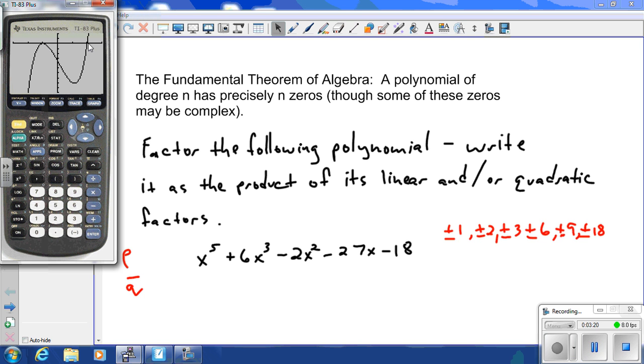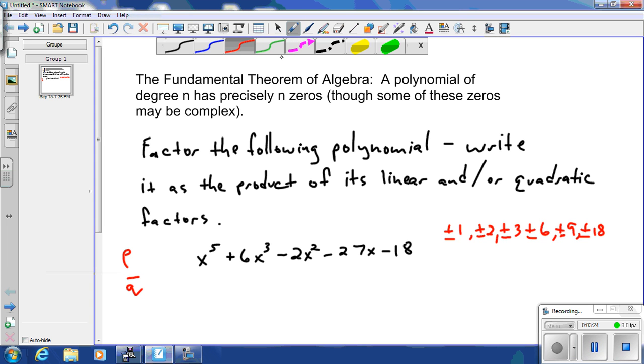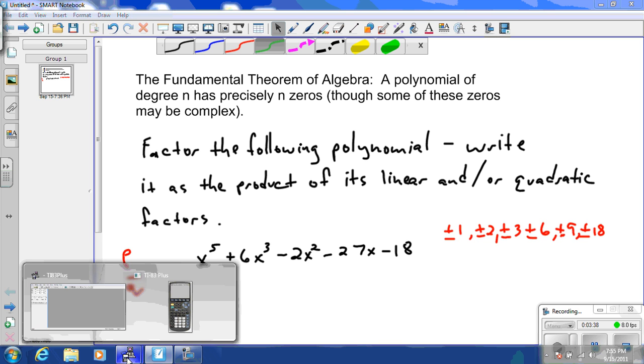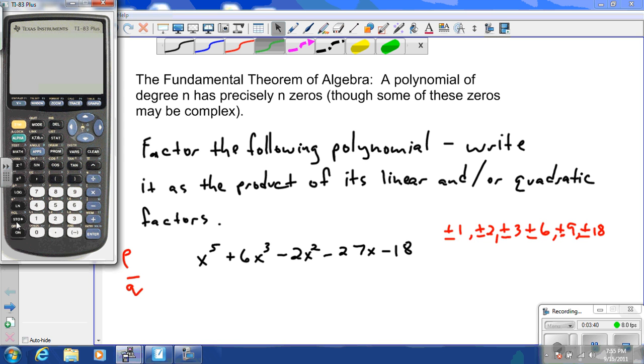We're going to pick one of those and start dividing. Let's start with the 2. Once again, let's show the graph one more time. This would be the factor x minus 2, which means I put a 2 inside of the box when I divide.